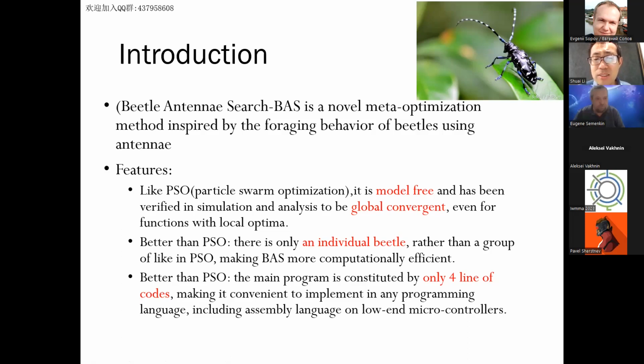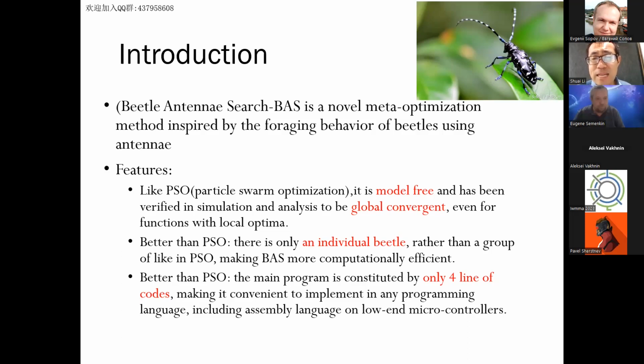But how? The basic logic played by the antennas of the beetle is like this: the left antenna of the beetle samples the food smell strength, and the right one also samples the signal strength, and they compare.